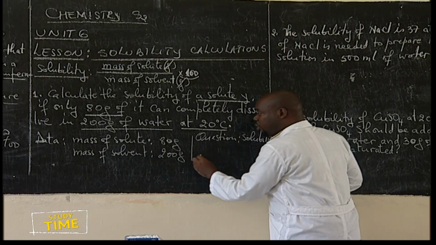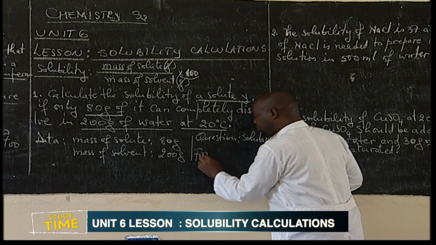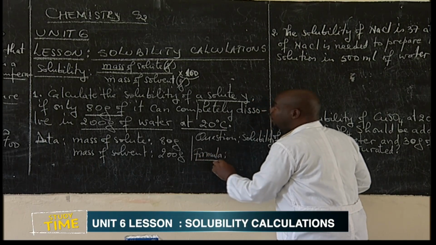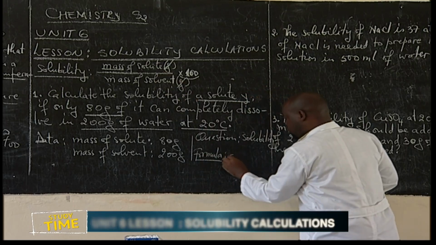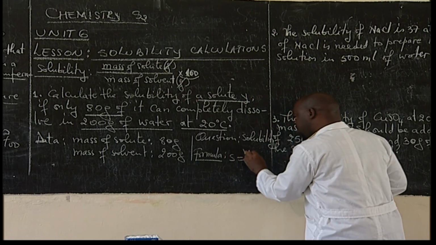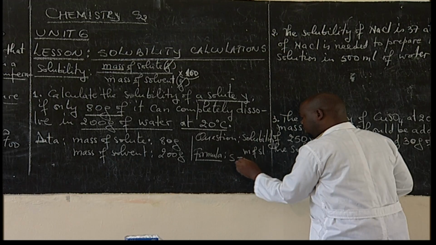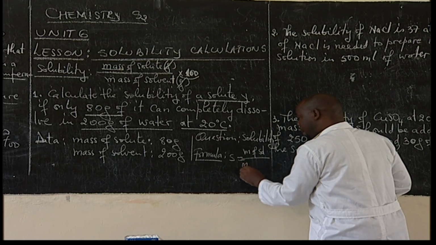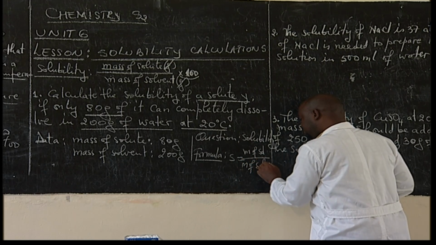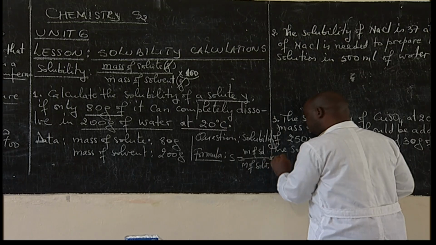And what formula are we going to use? We use this formula. Solubility is equal to mass of solute over mass of solvent times 100.